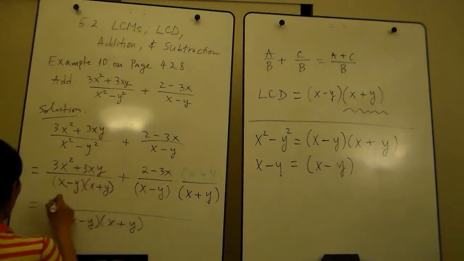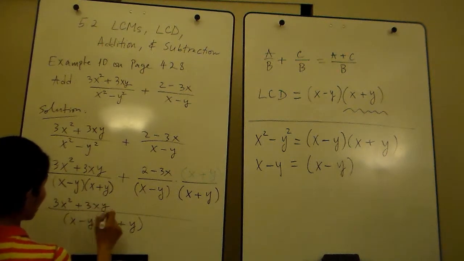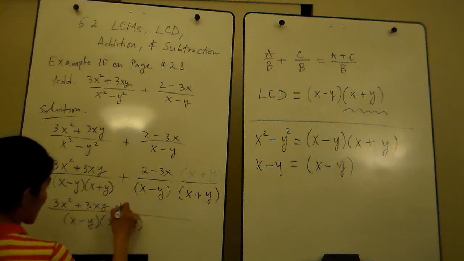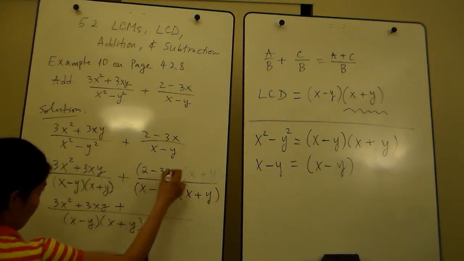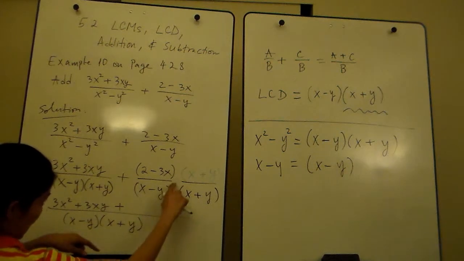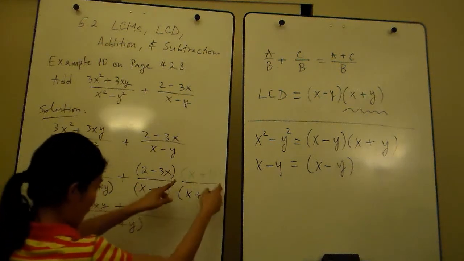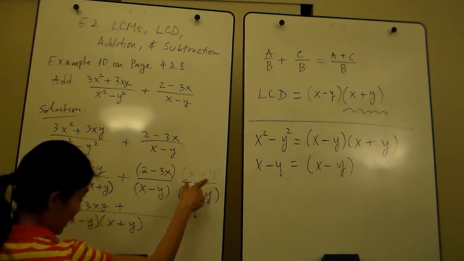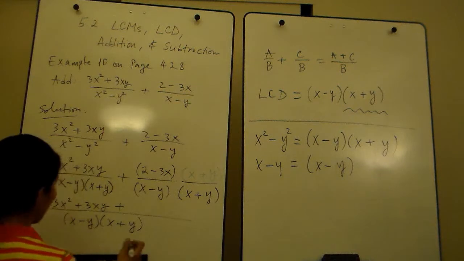So for this, we have 3x squared plus 3xy. For this, we have plus, this is multiply, okay? So actually, make sure you know that this one term right here that includes x plus y is multiplied by this one term right here, which is 2 minus 3x.